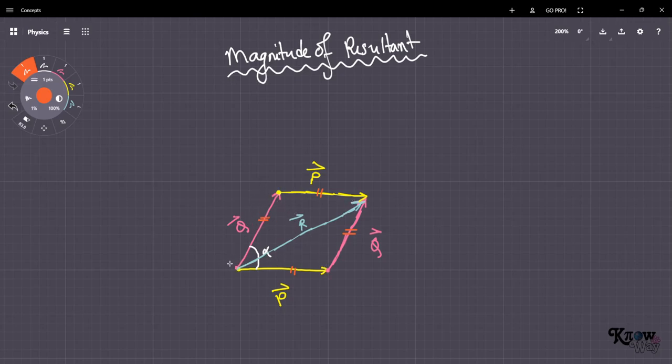When we add two vectors whose tails are at a single point, let's say O, the resultant will be the diagonal going to the other side. Let's say this corner is A. Diagonal OA is the resultant vector.